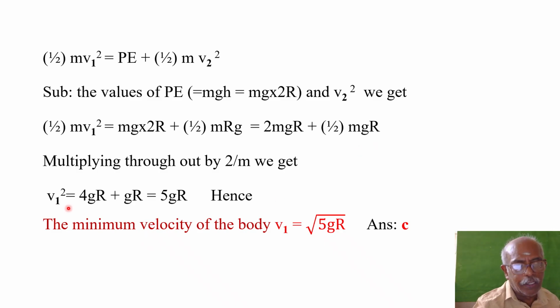So v1 square is equal to 4gr plus gr, that is equal to 5gr. Hence, v1 is equal to square root of 5gr. So the minimum velocity of the body v1 is equal to square root of 5gr.